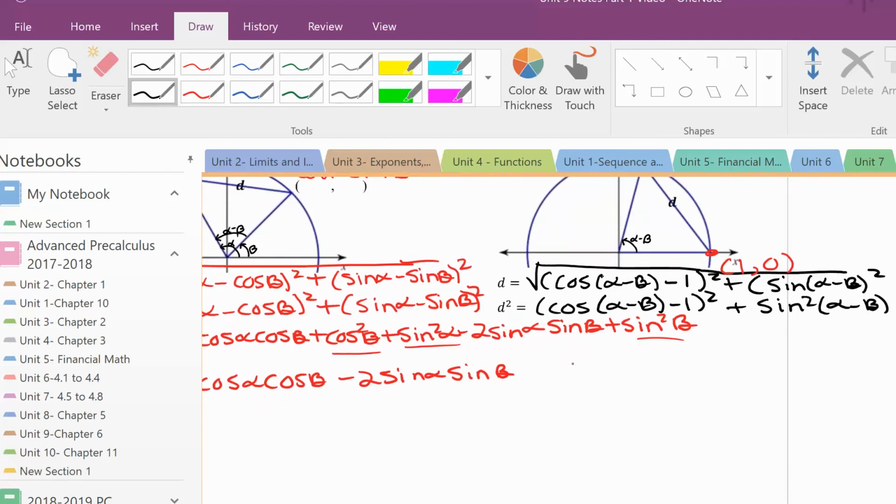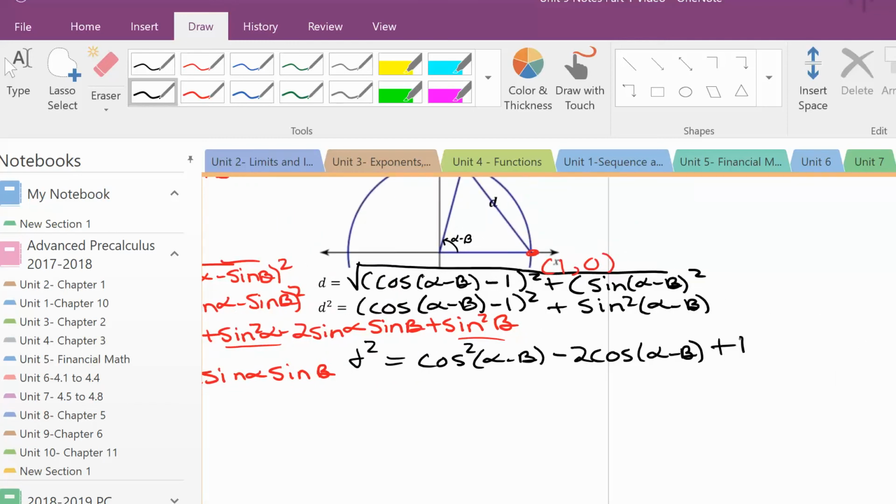Now if you FOIL, you get cosine squared alpha minus beta minus 2 cosine alpha minus beta plus 1 plus sine squared alpha minus beta.